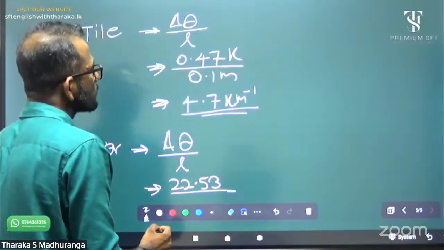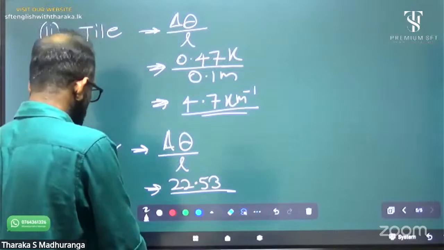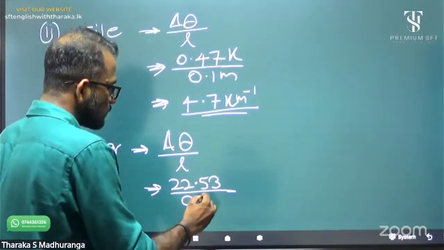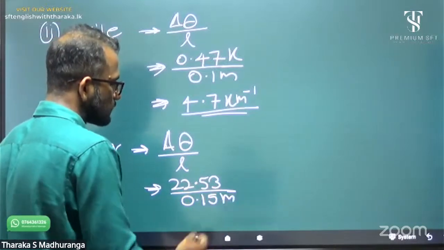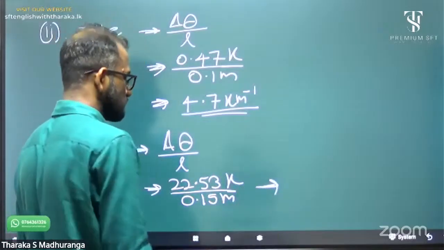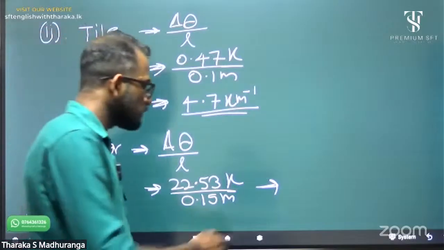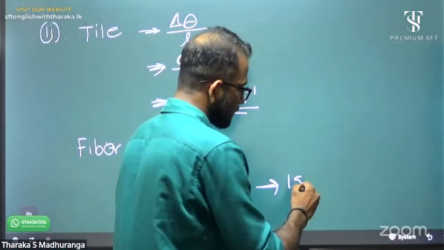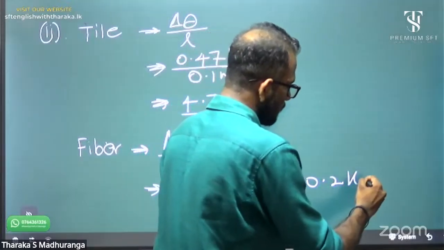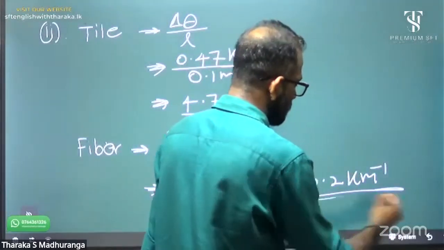Divide by length. Length 15 centimeter means 0.15 meters. It is Kelvin. 22.53 divided by 0.15 meters, 150.2 K m minus 1 temperature gradient.